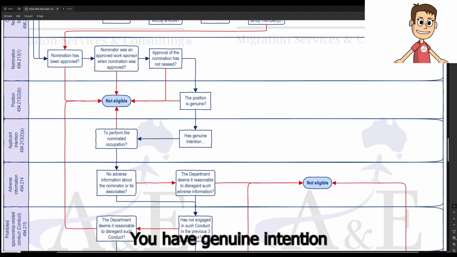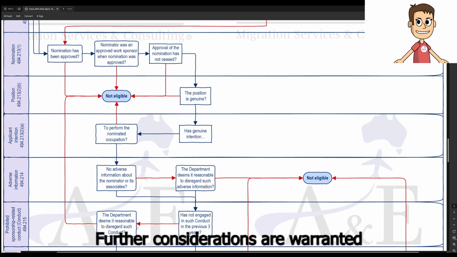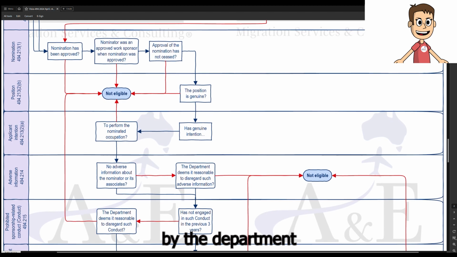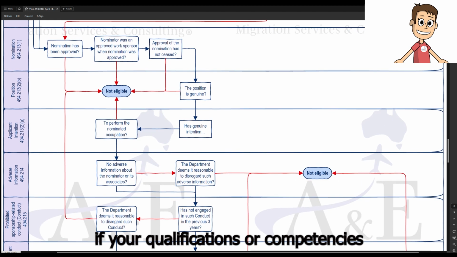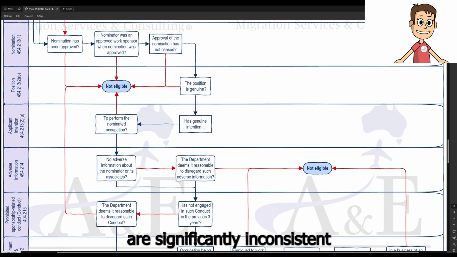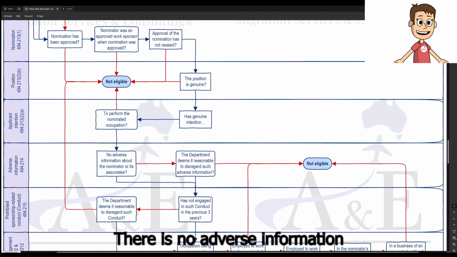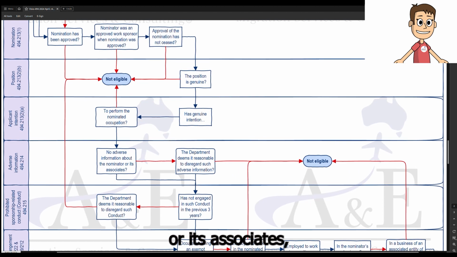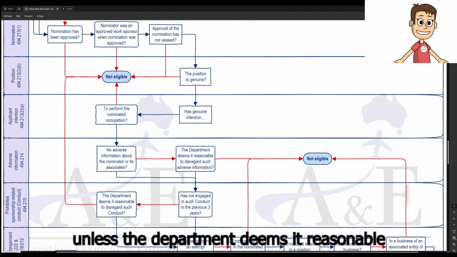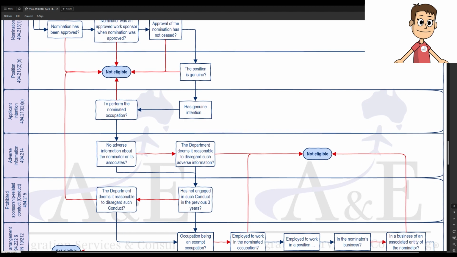You have genuine intention to perform the nominated occupation. Further considerations are warranted by the department if your qualifications or competences or employment background are significantly inconsistent with the nominated occupation. There is no adverse information about the nominator or its associates unless the department deems it reasonable to disregard such adverse information.